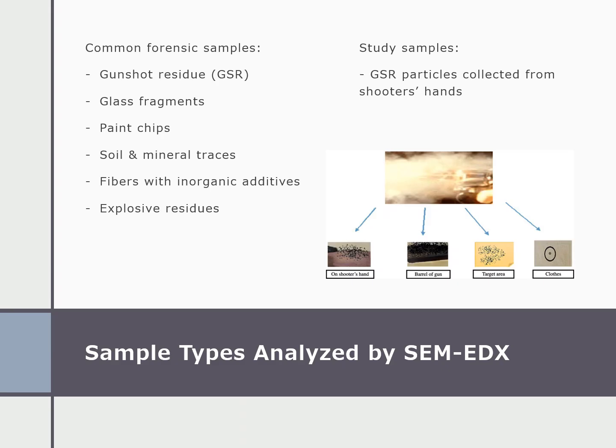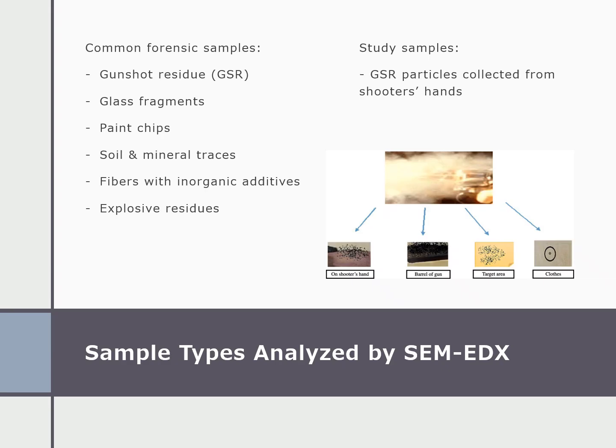Sample types analyzed by SEM-EDX. SEM-EDX is applicable to a wide range of forensic evidence. It can be used to analyze gunshot residue, small fragments of glass or paint, minerals in soil, synthetic fibers that incorporate inorganic compounds, and residues from explosives. The technique is especially valuable when classifying particles that are too small for light microscopy.